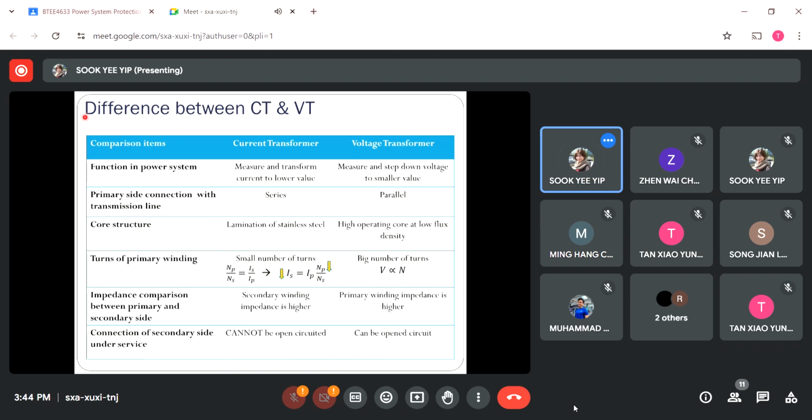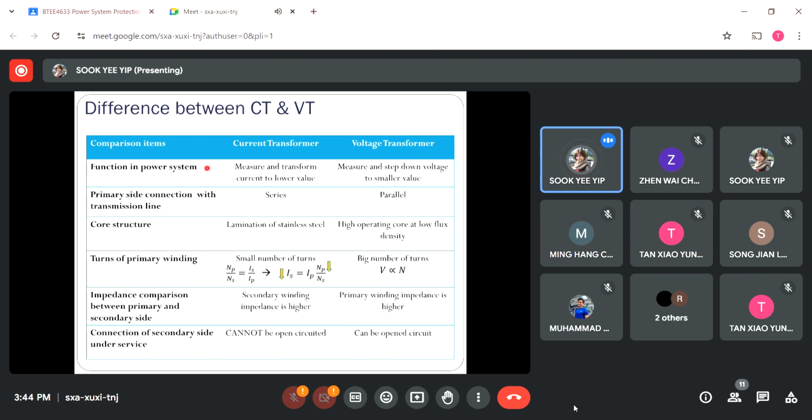The current transformer helps you transform the high current value from the power line to a much lower value, so that it can be conveniently measured by the load reading device. That is the function of the current transformer. Then for the voltage transformer, you know what it is doing? Transforming the high voltage value to a much lower voltage value. So you know this is a step down voltage transformer.